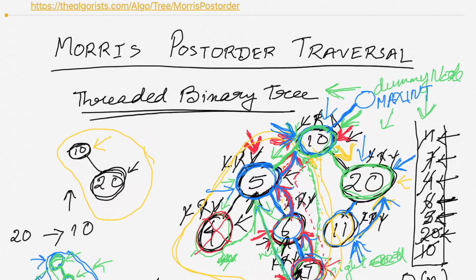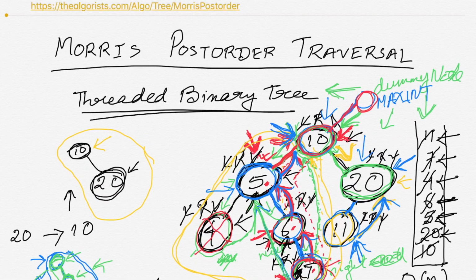We printed 7, 6, 5 in the correct post order when we visited the parent of 5, and 5 was the left subtree of its parent. We are doing the same thing. We are making the root the left child of the dummy node.